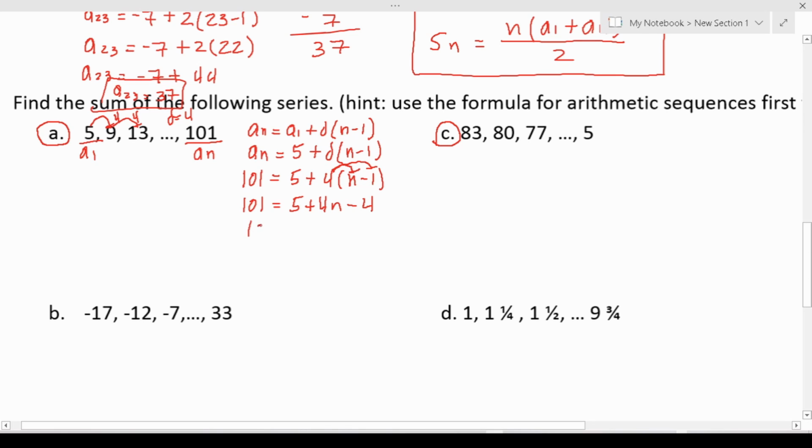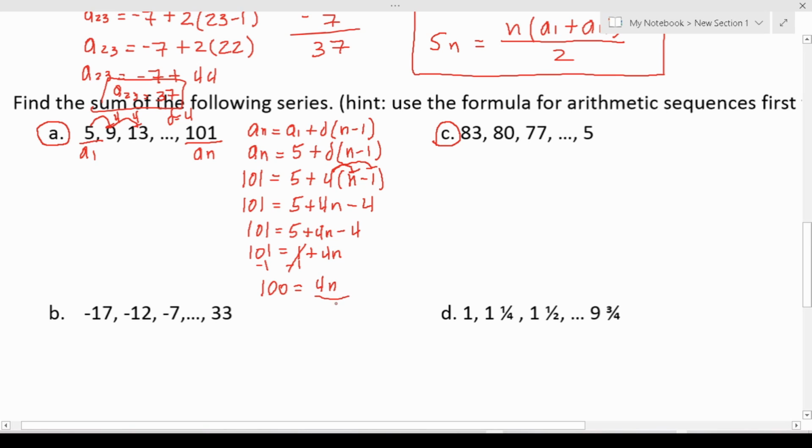So this becomes 101 equals 5 plus 4n minus 4. Let's combine like terms. 5 and -4 is just 1, so this is 101 equals 1 plus 4n. Subtract 1 from both sides since we're trying to solve for n now. This crosses out, leaving us with 101 minus 1, or just 100, equals 4n.